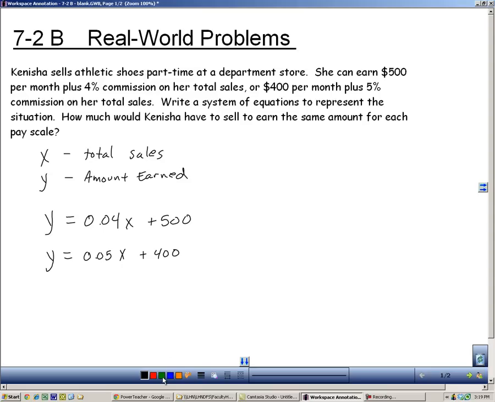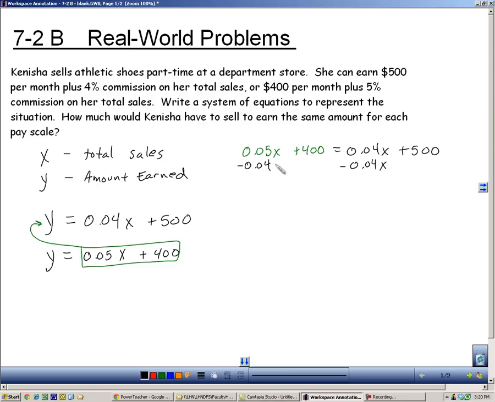Well, we can do that using substitution here, because y equals all this stuff. I can substitute that in place of the y. I'm going to do the work over here. 0.05x plus 400, that's what I substituted in place of the y, equals 0.04x plus 500. I like to move the smaller coefficient, so subtract 0.04x, leaving me with 0.01x plus 400 equals 500.